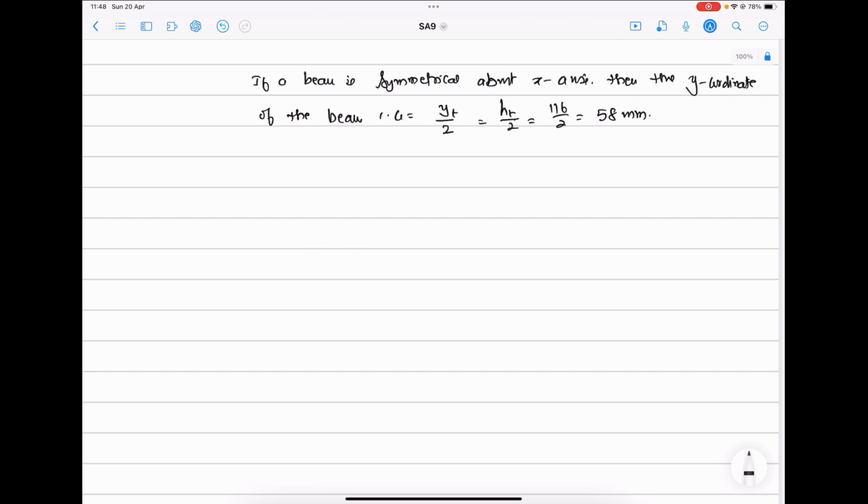This is one of the shortcut methods to find the center of gravity while seeing the beam itself. If it is symmetrical about a particular axis, half of the total height gives the y coordinate of the center of gravity about x-axis. If it is about the y-axis, half of the x-axis distance will give the distance from the origin, that is the center of gravity.